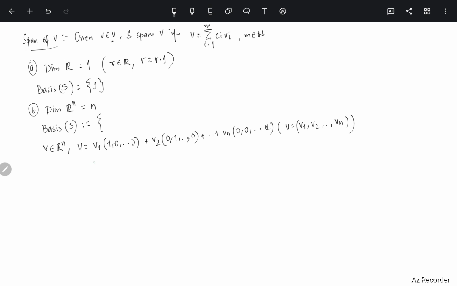If I denote these vectors (1, 0, 0) as E1, this as E2, and this as En, then this is nothing but summation Vi Ei, right?